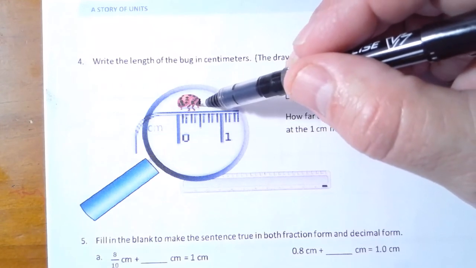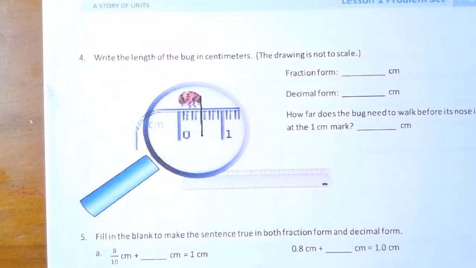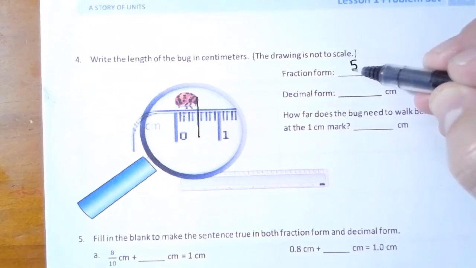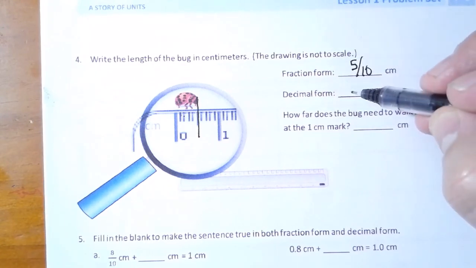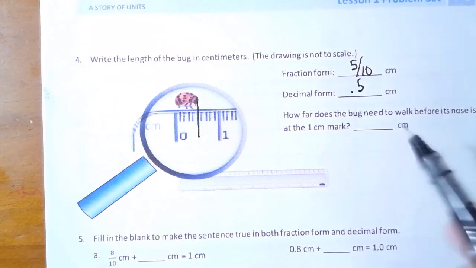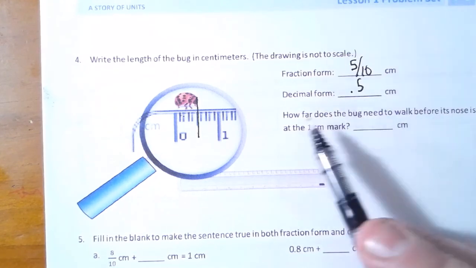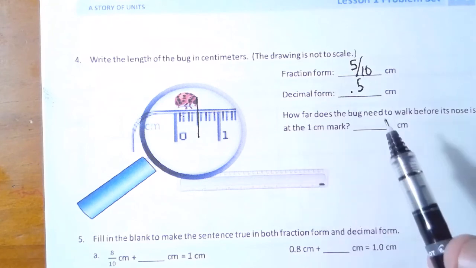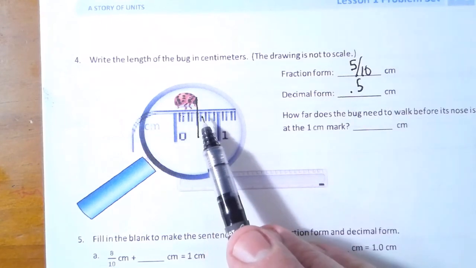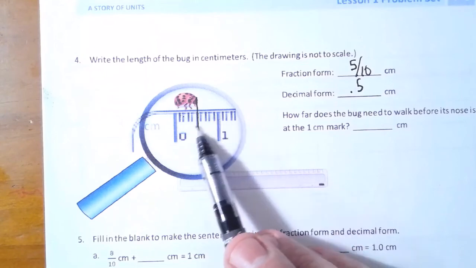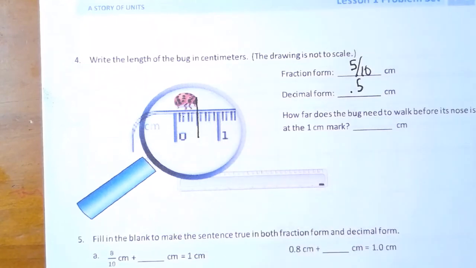To me, it looks like 5/10. So you would put it in fraction form, put it in decimal form, and then it asks, how far does the bug need to walk before its nose is at the 1 centimeter mark? How much more does it need to get to 1? I think you can figure that out.